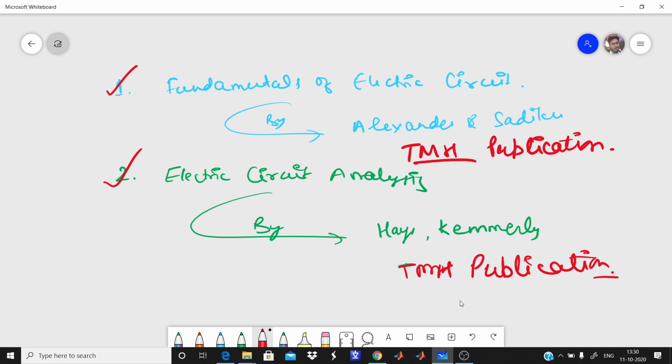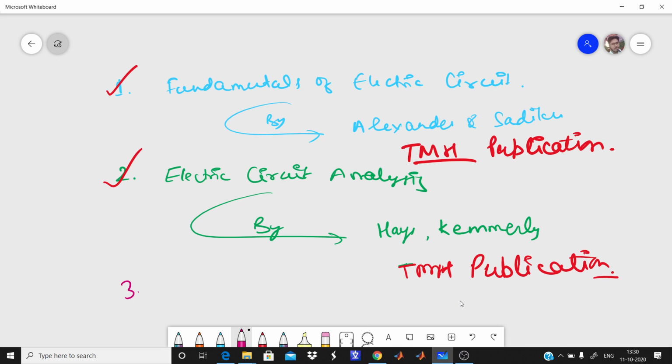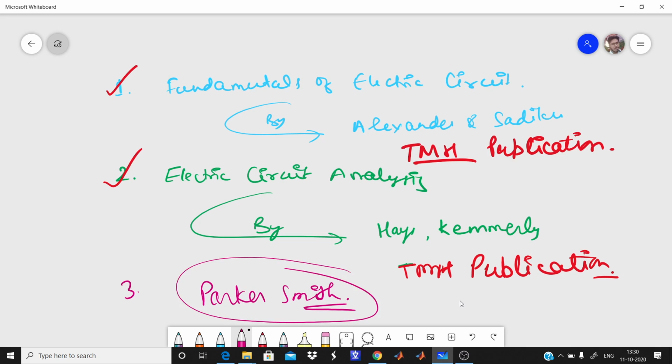And one more book is there, which is not mentioned in your syllabus. That one is by Parker Smith. The book is Electrical Circuit Analysis, the same subject, but the author is Parker Smith. This is a very good book for problem solving.